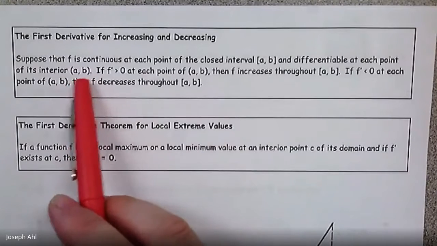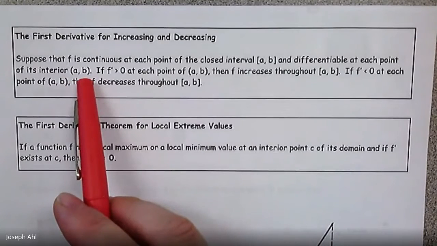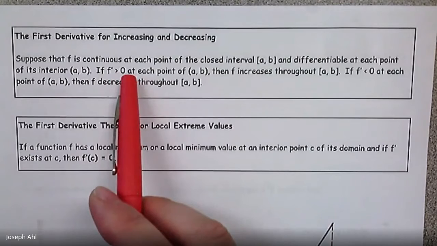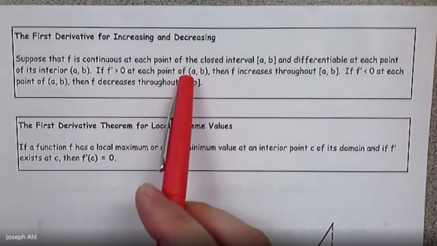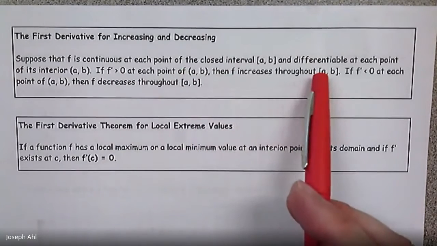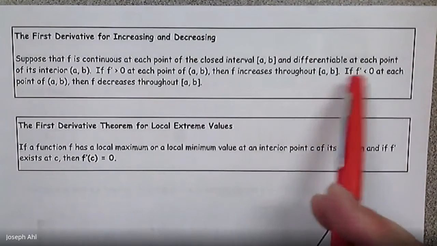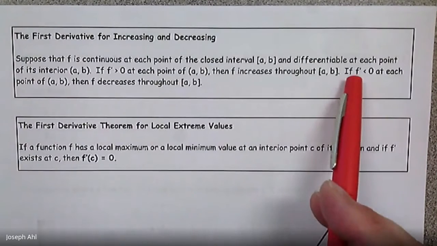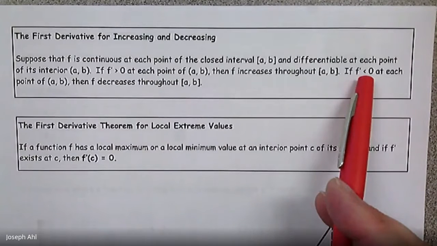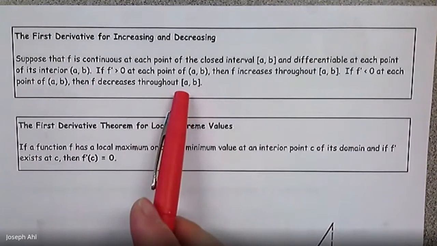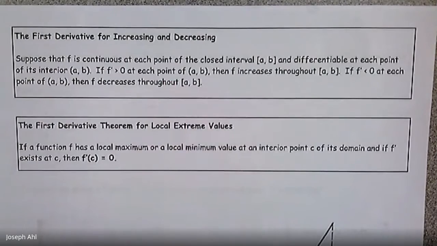So you can't be differentiable at an endpoint, but at any point on the open interval, if it's continuous and differentiable, if f prime is greater than 0 at each point on this interval, then f increases over that closed interval A to B. But meanwhile, if f prime, the slope of the tangent line, is negative, less than 0, then we know that the original graph f is decreasing over that interval.